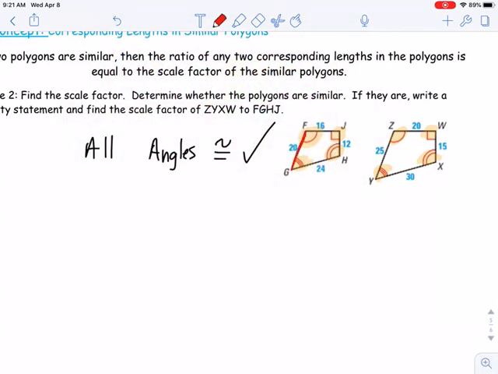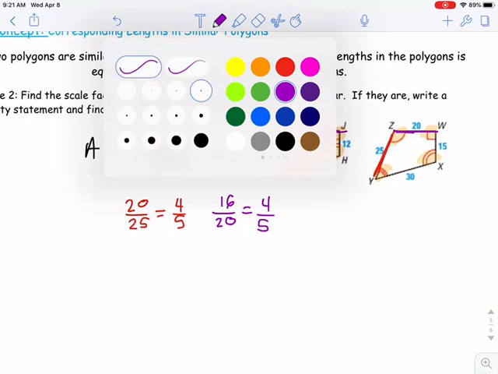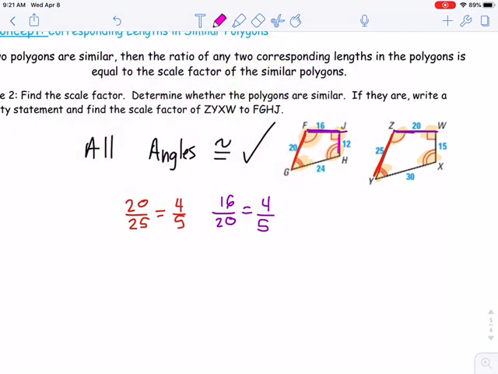So this first one I'm going to look at is FG corresponding to ZY. So I get 20 over 25, which reduces to 4/5. I get FJ over ZW, 16 over 20, which reduces to 4/5. Then I got JH and WX, 12 over 15 equals 4/5.